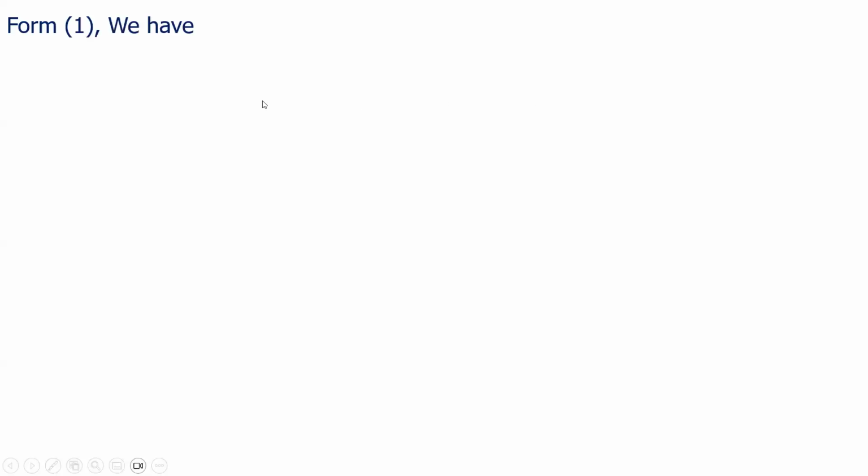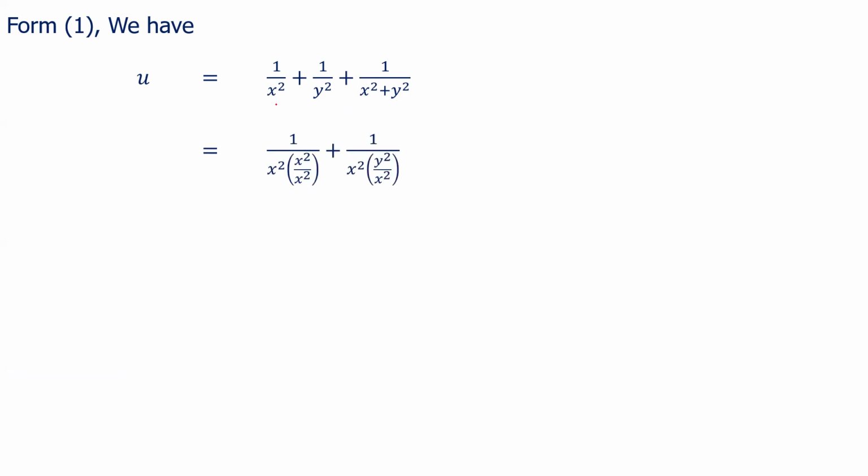From equation number 1, we have u equal to 1 upon x square plus 1 upon y square plus 1 upon x square plus y square. Now, what we are doing over here is multiplying and dividing by x square. Similarly, multiplying and dividing by x square over here, so this x square will cancel.